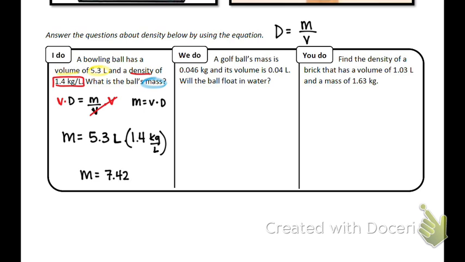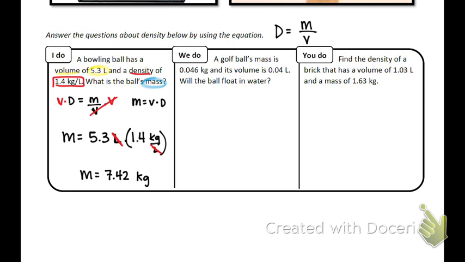And then what's going to happen if we have liters and then kilogram over liter? Yeah, we have a liter on top and on bottom, so they're going to go away. Mass is measured in kilograms. So make sure you have a unit on these answers. All right?